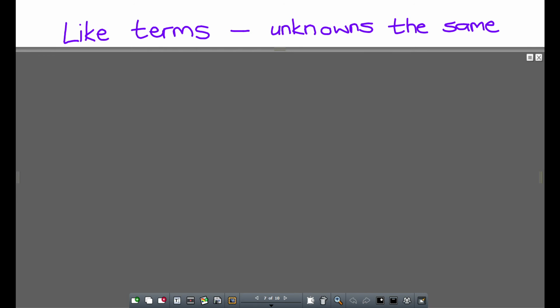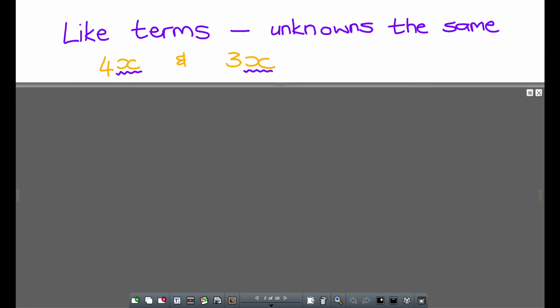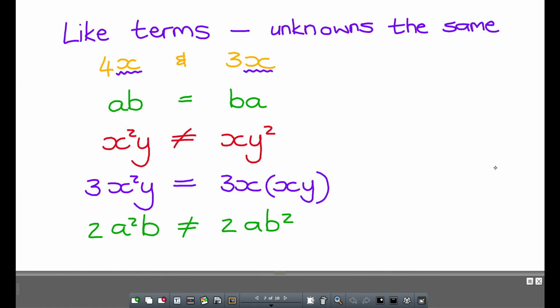Like terms means that their unknowns or their variables are the same, right? Okay, so if I were to give you 4x and 3x, would they be like terms? Yes, because their unknown, the x, is the same.